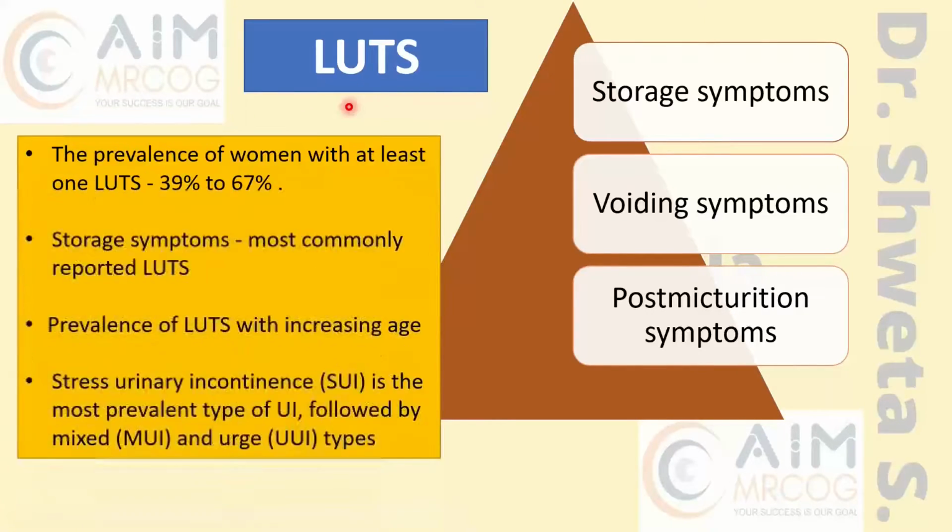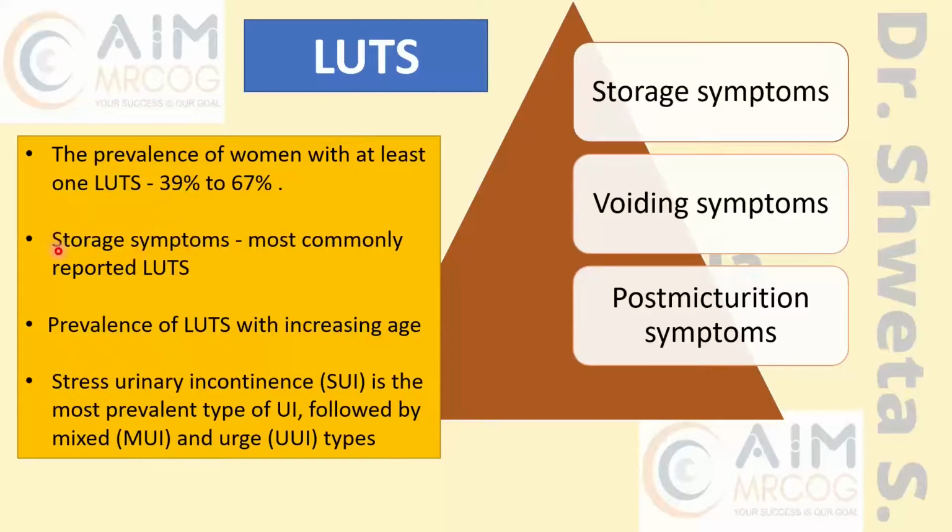So what are the incidences? The prevalence of women with at least one lower urinary tract symptom is 39% to 67%. So it is up to two-thirds of women who are suffering from at least one lower urinary tract symptom, which could be urgency, frequency, or nocturia, anything. This is really important because the prevalence is high.